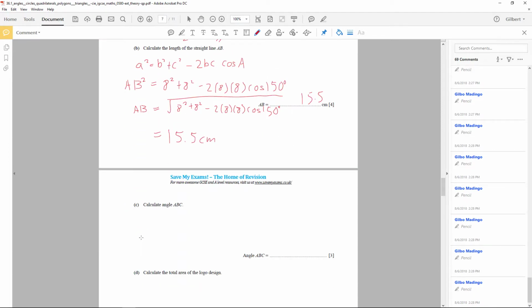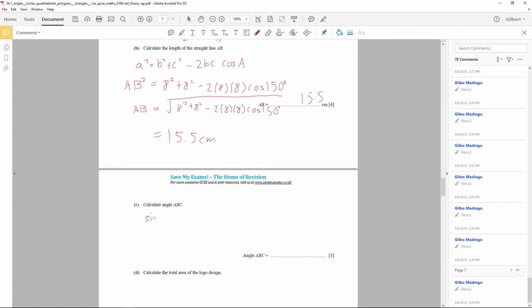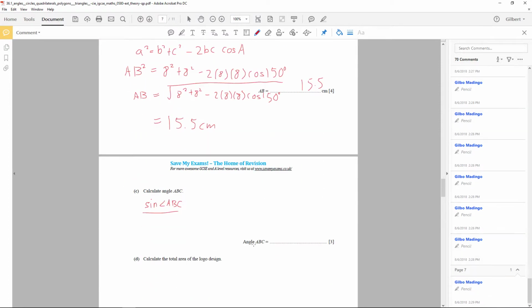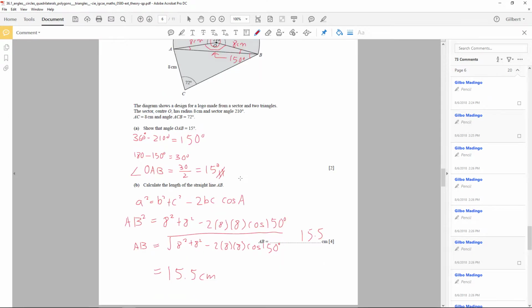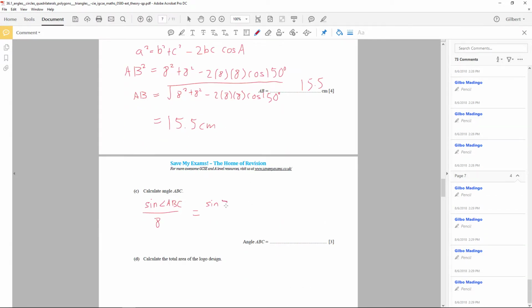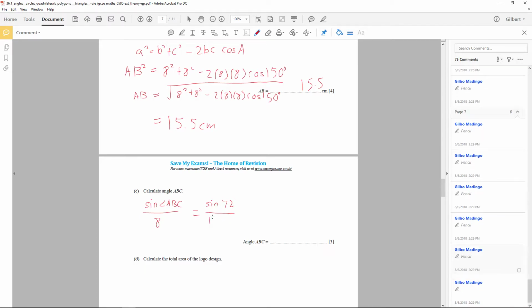Alright, so since we're calculating angle, we're going to put sine angle ABC over 8 cm. 8 cm is equals to sine 72 over this value that we just calculated, okay, which is 15.5, but remember to use the full values in your calculator for this.